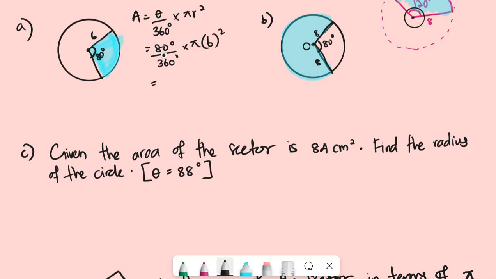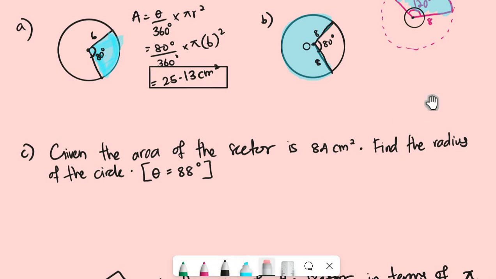So once I do this in the calculator, I will just take 80 times pi times 36 squared, get the answer, and I'm going to divide it by 36. I would get 25.13 cm squared. So this is my area of the sector. All right, a very easy one.